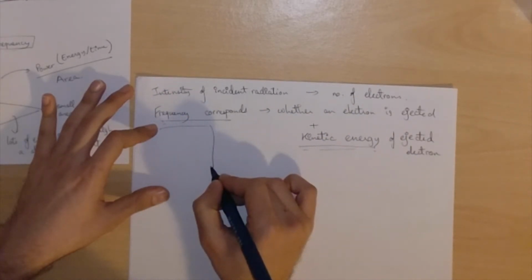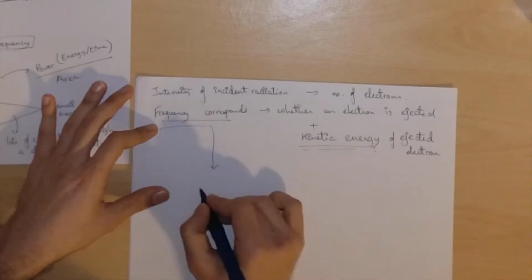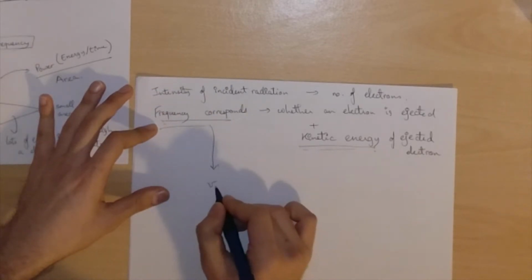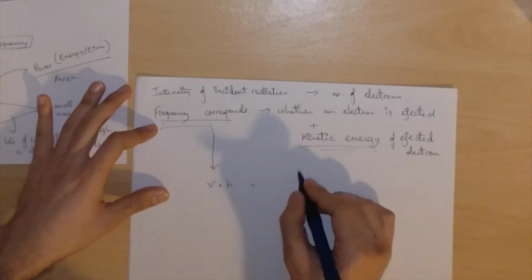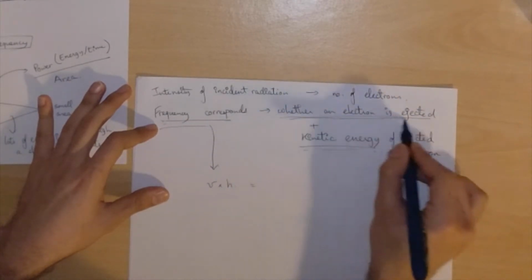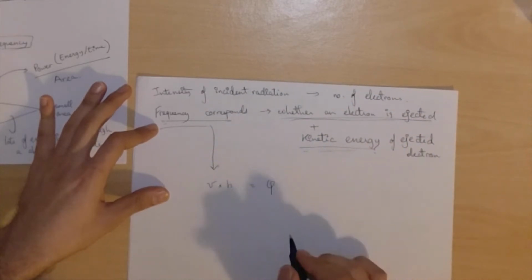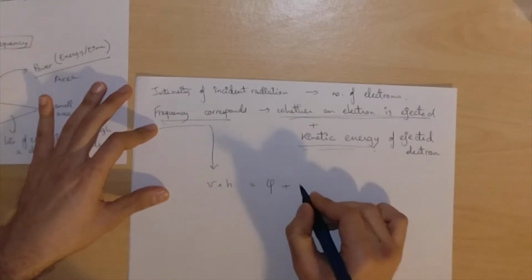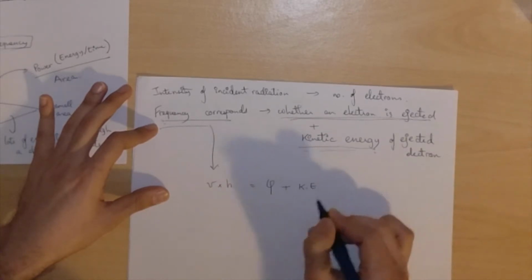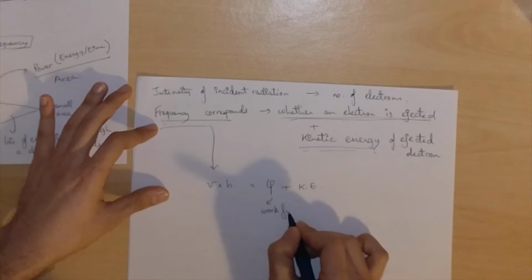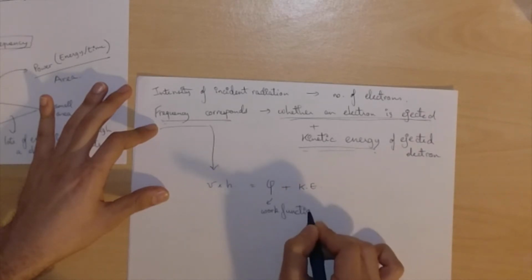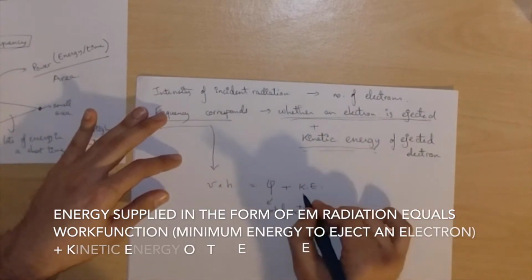So this equation tells you that some multiple of frequency, some constant, is equal to whether an electron is ejected, so the minimum energy of the ejected electron plus kinetic energy. This minimum energy is called the work function, which depends on the metal, obviously.